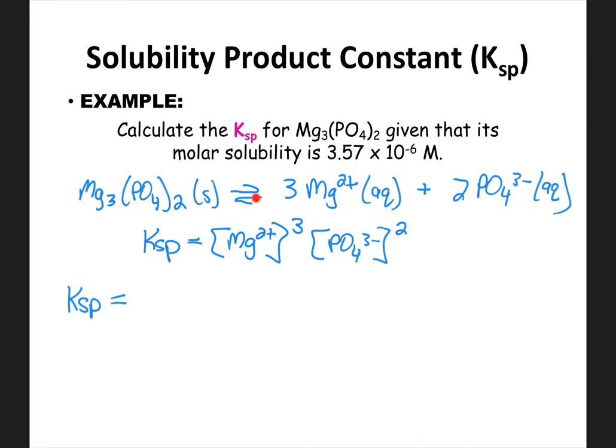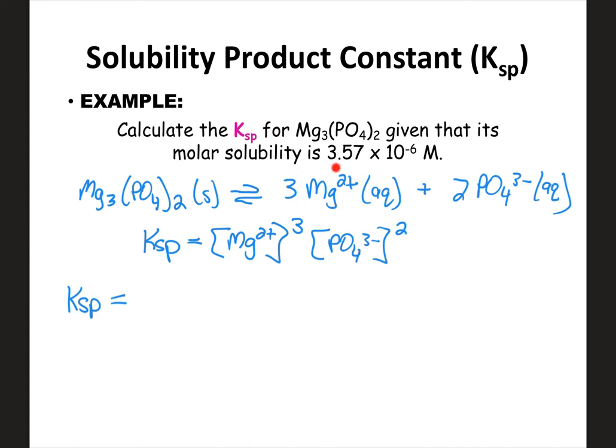Based on this dissolving, we know that for every one of the entire compound, there's going to be 3 of the Mg2+, and for every one of the entire compound, there's going to be 2 of the PO4 3-. So that's going to play a role here because we know the concentration of the original compound, and then we can figure out the ions.